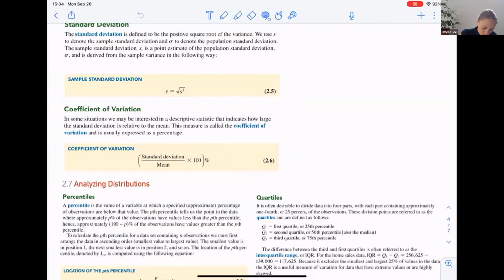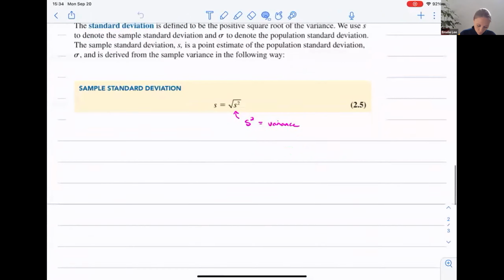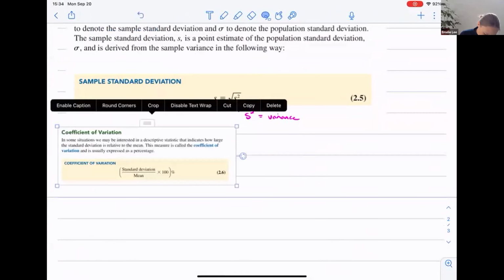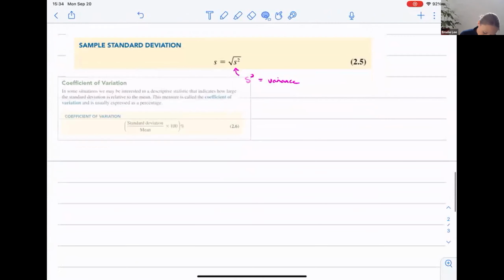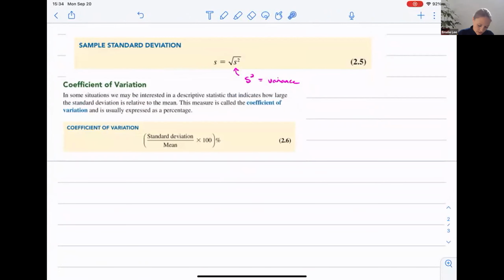The textbook also introduces the coefficient of variation. I just have a little warning about the coefficient of variation. The coefficient of variation is used in economics and it is used in actuarial science.